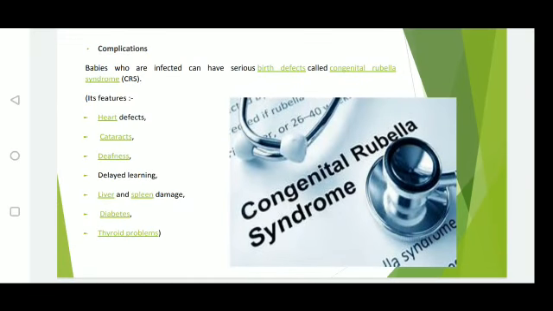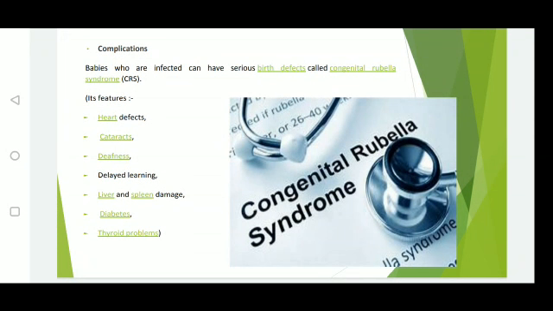As I have told in the risk area, the risk is especially in the first trimester of pregnancy. If the mother has rubella in any other trimester, it can also transfer to the unborn baby through the uteroplacental route. Once that baby is born, it becomes a birth defect.